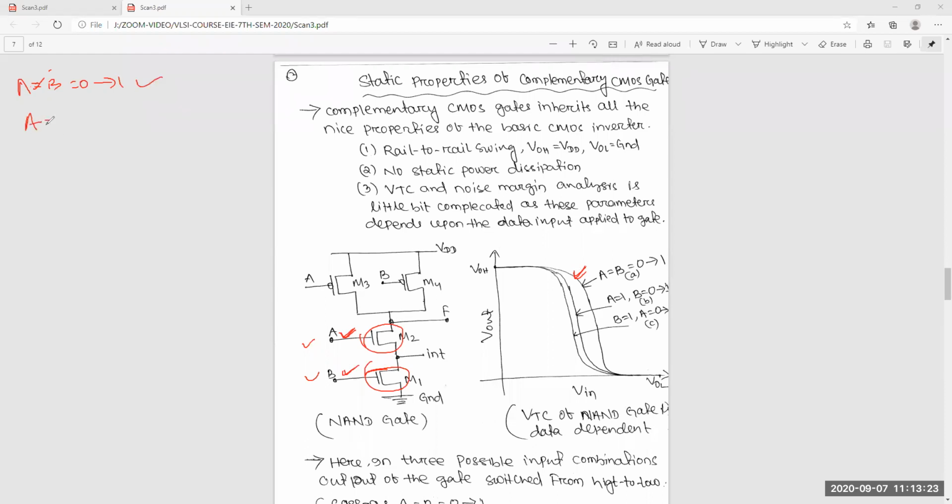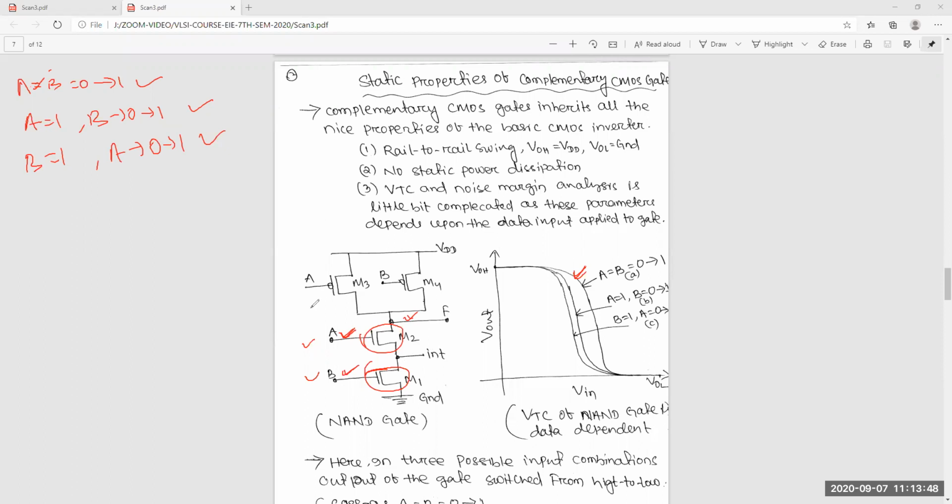Second case, A is equal to 1 and B goes 0 to 1. Then both will be on and you will get an output. In the third case, B is equal to 1 and A goes 0 to 1. So in these 3 cases this will be on. In the fourth case, both A and B are equal to 0, which means it will not work, so you will not get 0 at the output.